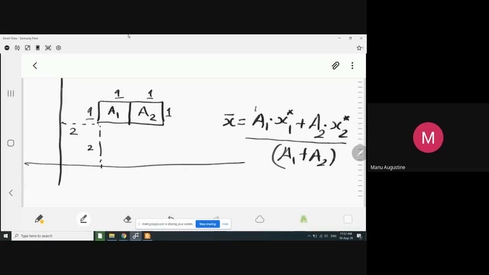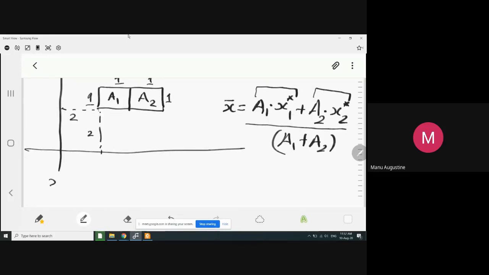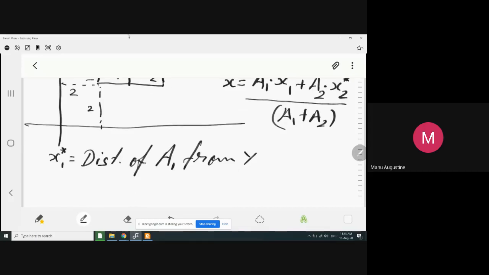First of all, you see I am multiplying a1 with a distance, I am multiplying a2 with a distance. Now what is x1 star? X1 star is equal to distance of area 1 from y-axis. Similarly, x2 star is equal to distance of a2 from y-axis.